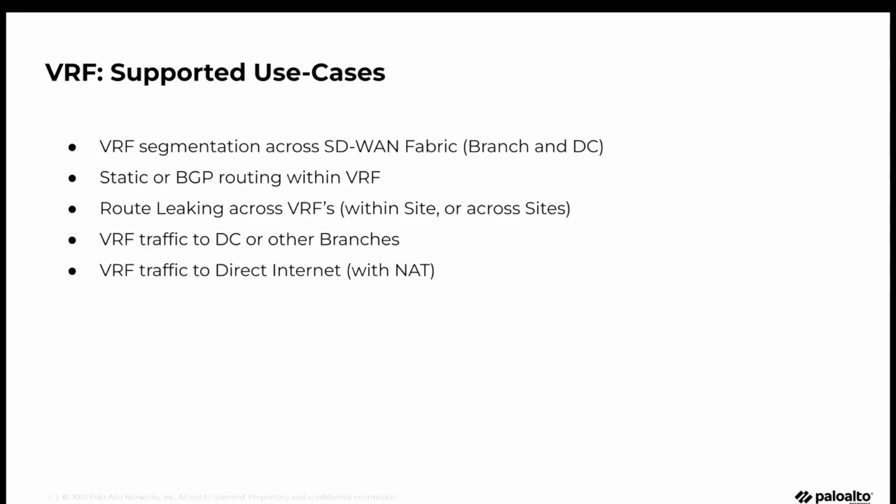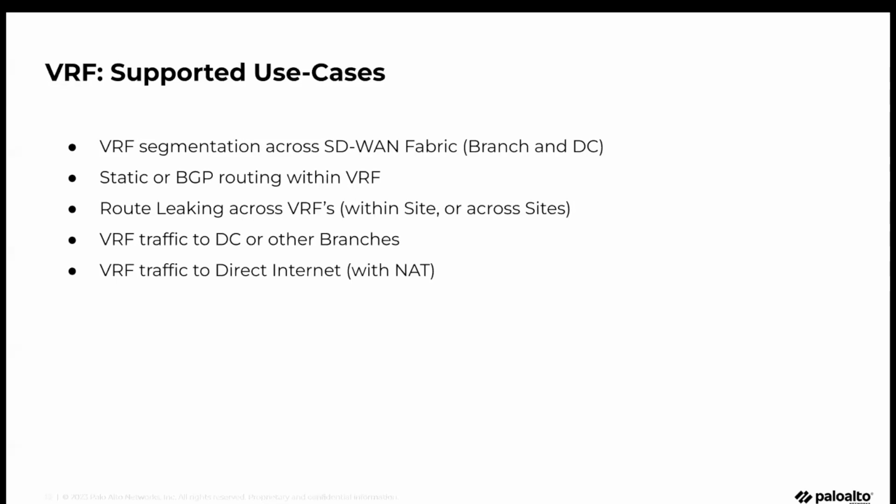So with the VRF capability, you can now insert SD-WAN into your existing VRF based deployments. And this will also now support overlapping IP address space across branches, and will also help in M&A scenarios where a customer acquires another company and there is overlapping addresses. So by the use of VRF, we can provide the ability to have SD-WAN deployed at both companies.